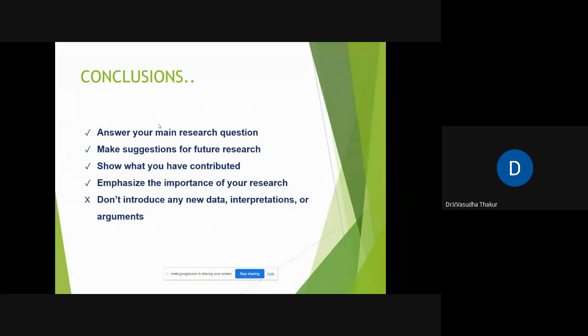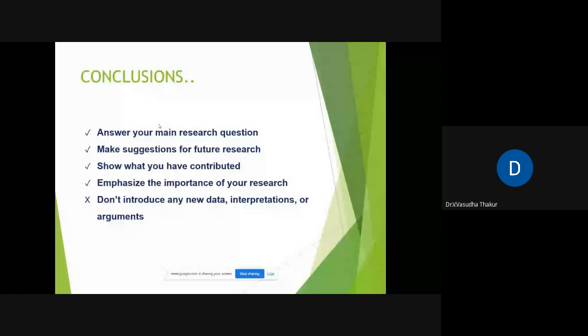What are the future suggestions, etc.? Okay, now in these pages, you should never talk about the data, interpretations, or arguments. No, you should not. Instead, you should emphasize only how important your work is, how much contribution it is giving towards society, towards a particular area or domain that you have taken up.